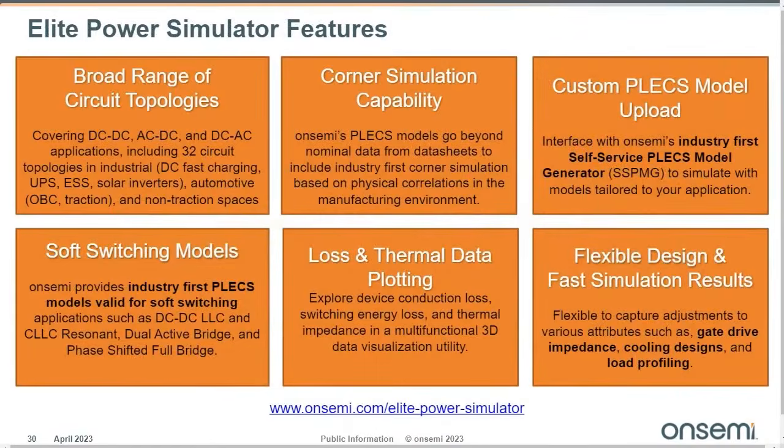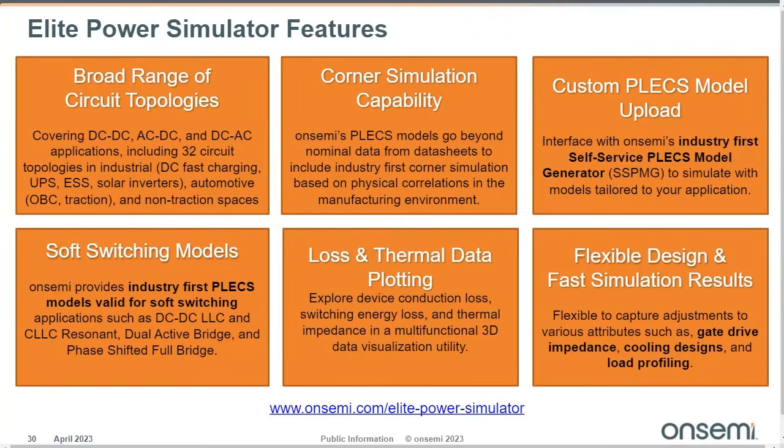So the basic advantages of this Elite Power simulator: we generate a model with a broad range of topologies for DC-DC, AC-DC, DC-AC. We bring you corner simulation, meaning we give you the two extreme values and not only the average value. We can generate custom PLECS models with the parasitics.